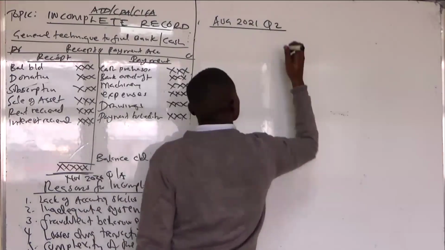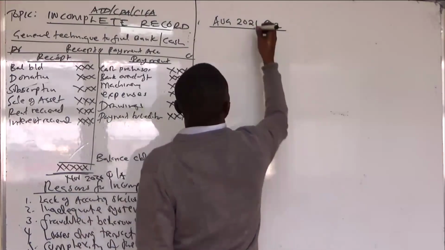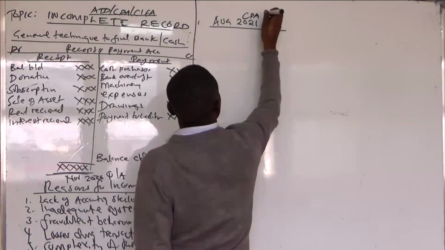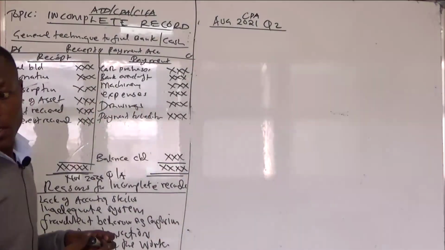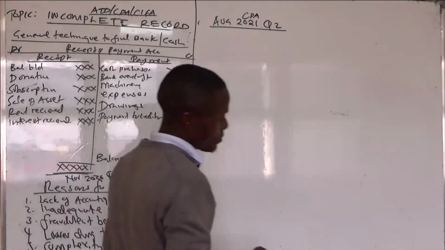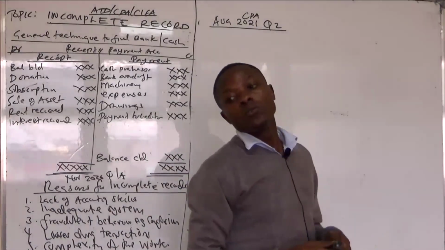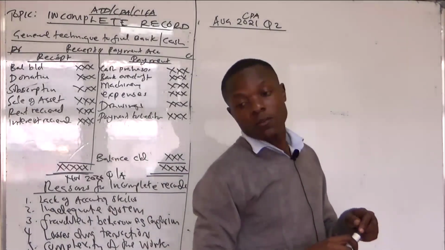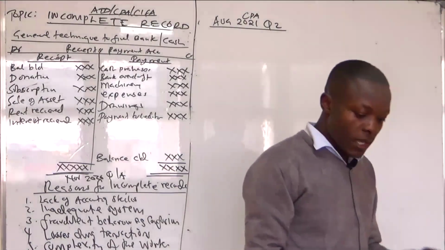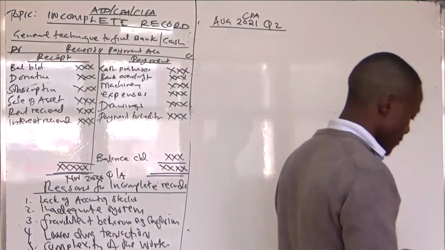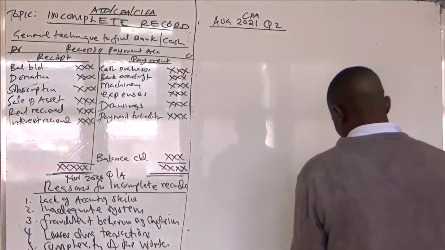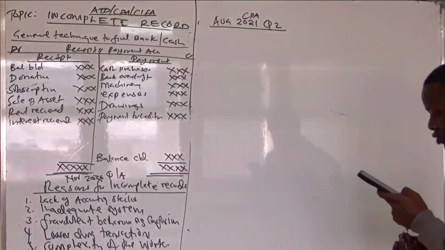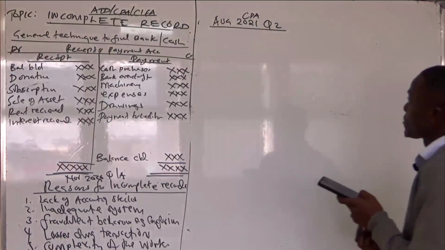So the main thing to know here is how to adjust even statement of affairs. You will be good to go. Statement of affairs, that is the main clue that you need to have here. So when you look at this question, in August 2021, I hope everybody has the question.